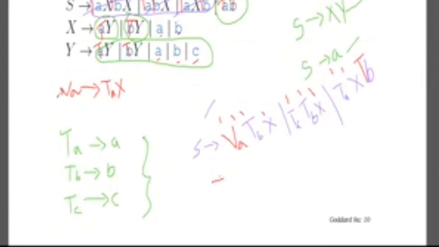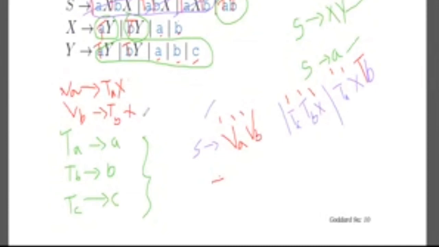Similarly, I'll add one more production, VB, which tends to TBX, where these symbols will be changed to VB, right?